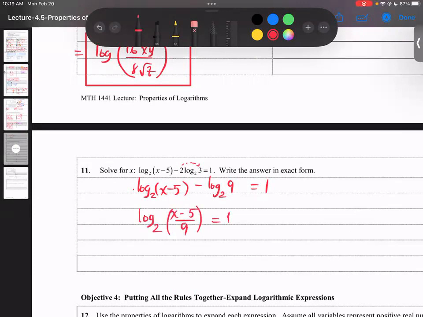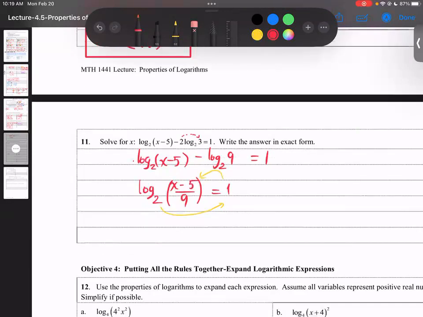You can remember the tornado arrow. 2 to the 1 equals the argument. 2 to the 1 equals x minus 5 over 9. 2 to the first is 2. You can crisscross multiply, or you can do LCD, doesn't matter.